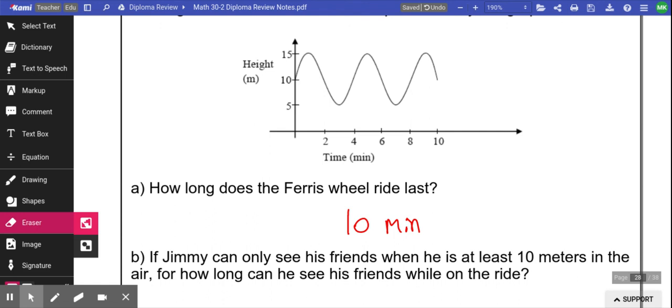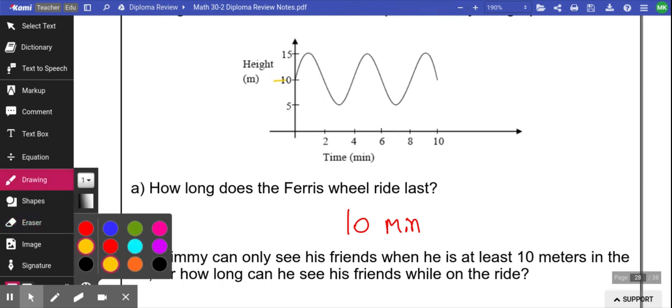Part B. If Jimmy can only see his friends when he is at least 10 meters in the air, for how long can he see his friends while on the ride? What you need to do is figure out where he's 10 meters in the air or higher. Right? So, for instance, this line I'm about to draw is 10 meters in the air. If he's ever above that point, then he can see his friends.